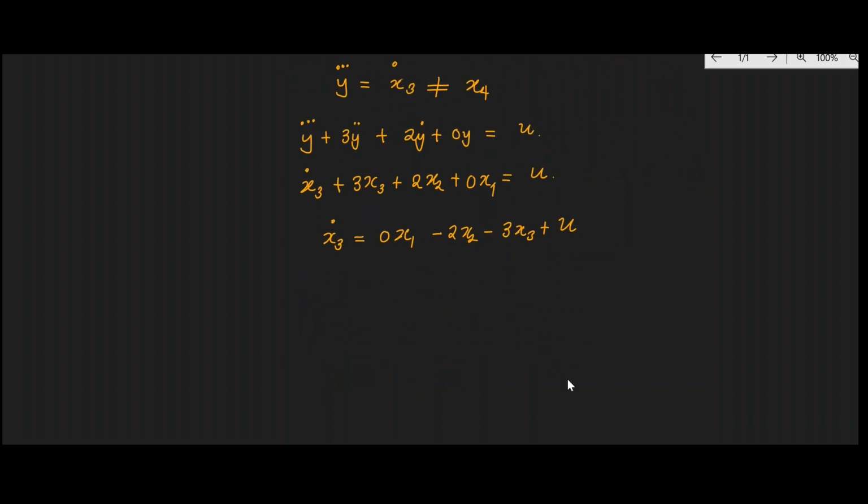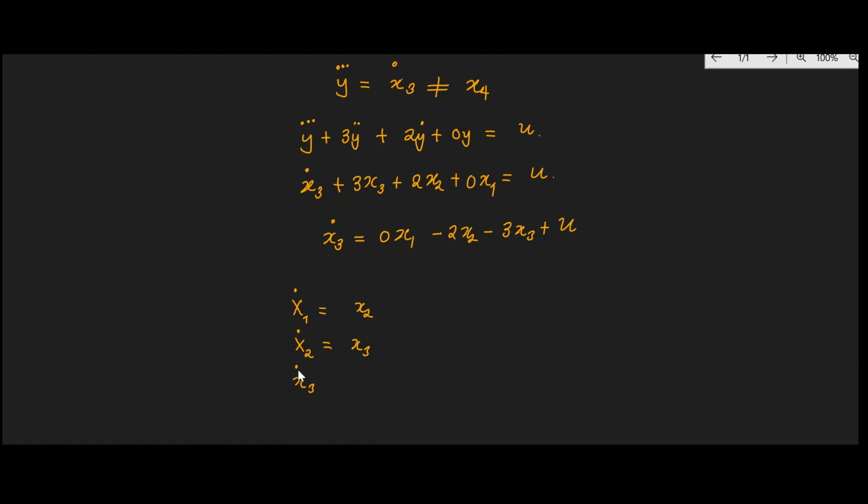All right, so now we have three state equations. The first one, x1 dot, was equal to x2, right? And then x2 dot is equal to x3, and then x3 dot is what we've just found.